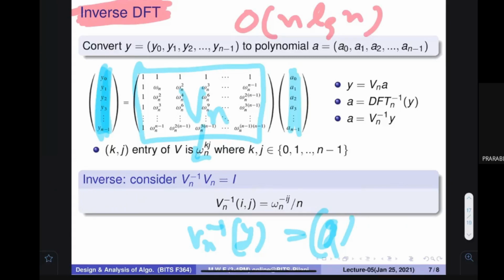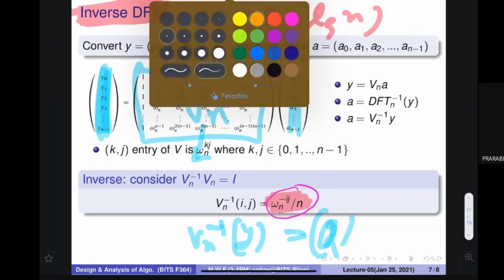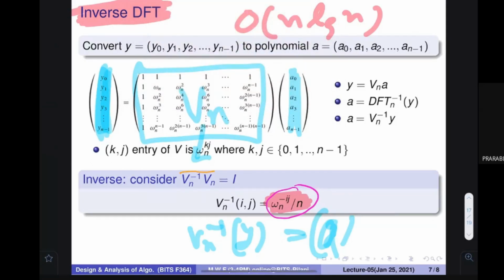There is a small proof in the book that shows this is the right solution. The proof computes vn inverse into vn, where we know the value of vn from this formula. Then you find the item at the ith place, and the formula comes out to a sum of omega n to the power something.